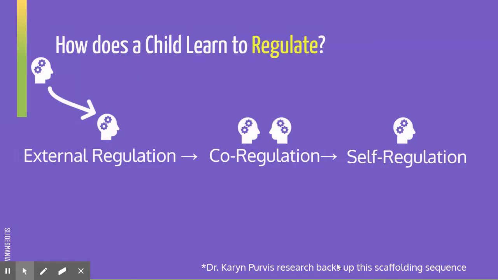This slide is one of my favorite thoughtful steps in how to think about regulation. Karyn Purvis teaches this. She says that external regulation happens first, then co-regulation, and then self. Think about external regulation as a baby who is crying, that baby is going to rely on some kind of caretaker to help regulate, rock, soothe, feed the baby. That's external regulation.